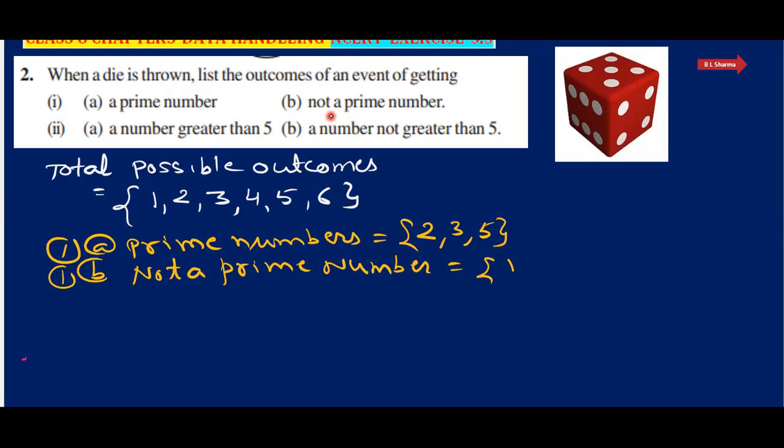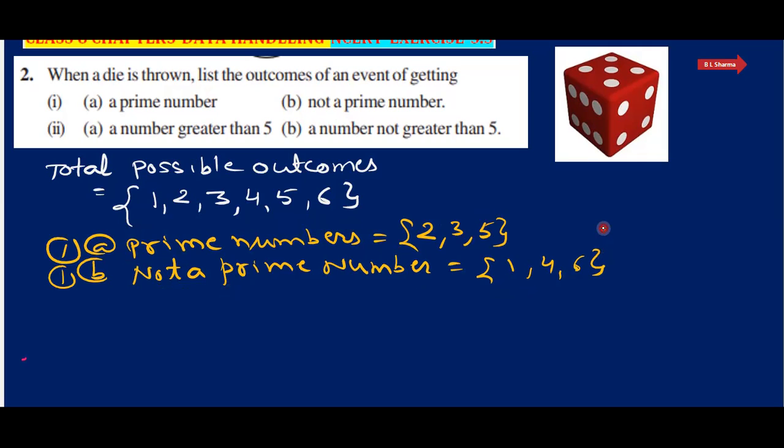One is not a prime number. 4 is not a prime number, and 6 is not a prime number. 1 is neither prime nor composite. 1 ना तो prime number होता है और ना ही composite number होता है. So there are 3 prime numbers, and not a prime number means 1, 4, 6. These are not prime numbers.